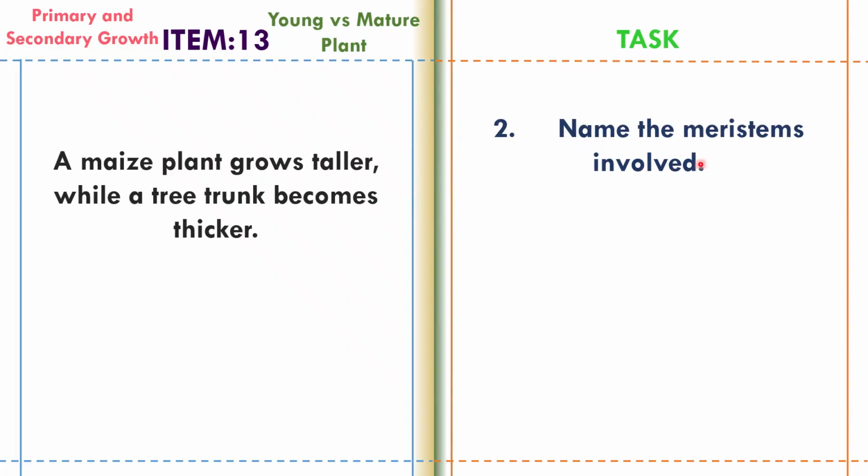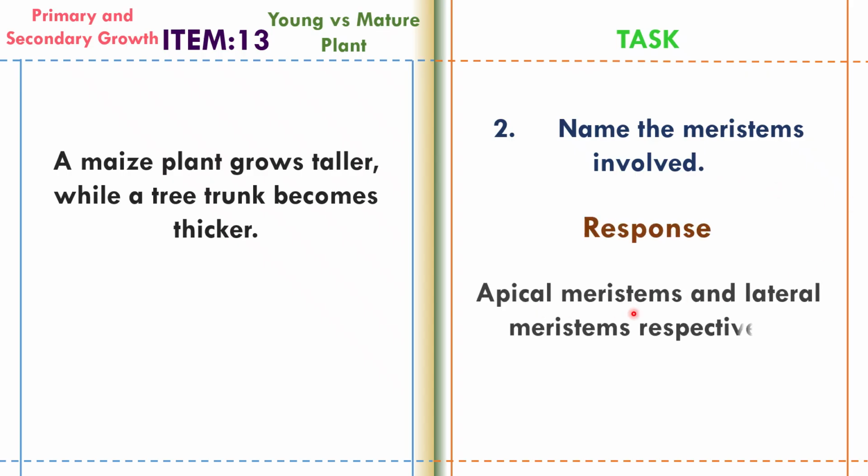Name the meristems involved. Apical meristem and lateral meristems respectively. That is, in maize, it is apical meristem, and in the tree, it is lateral meristem.